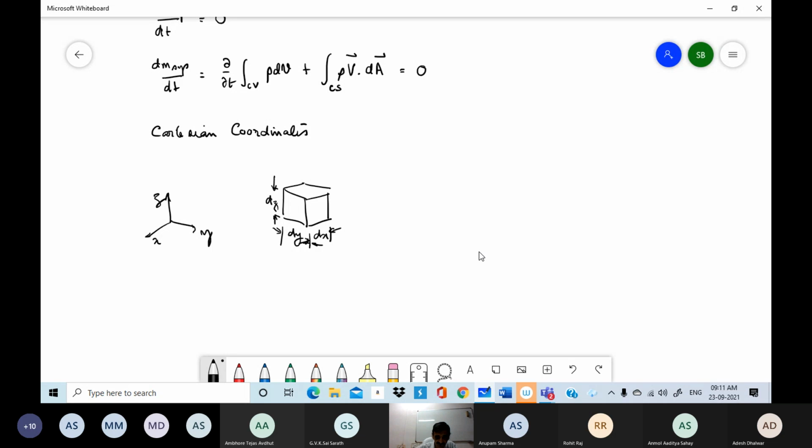Now, if I evaluate all these terms, what it gives me would guarantee that mass of the system is conserved.